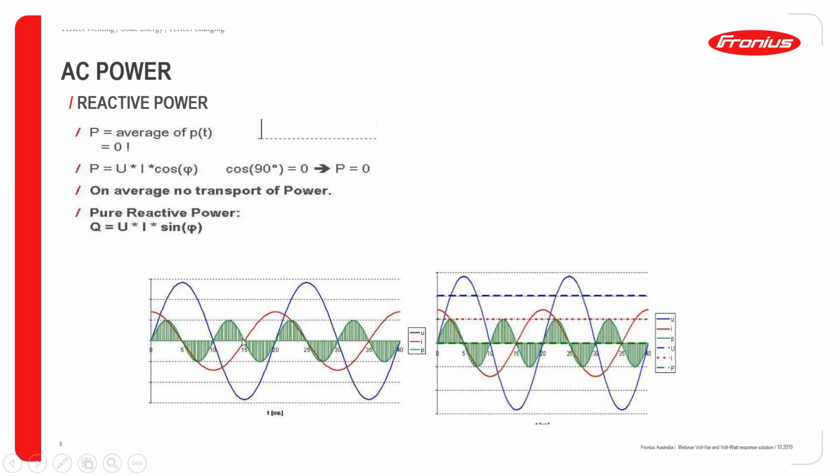As you can see, this green waveform, when we take the average, is going to be 0. So on average, if we have a power factor angle of 90 degrees, cos 90 will be 0, and we're going to have no real power, which is the worst case scenario.